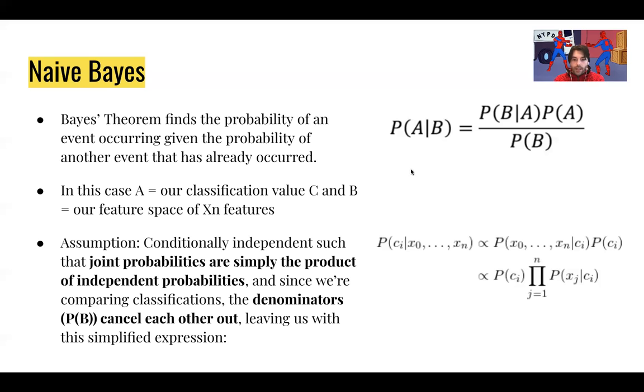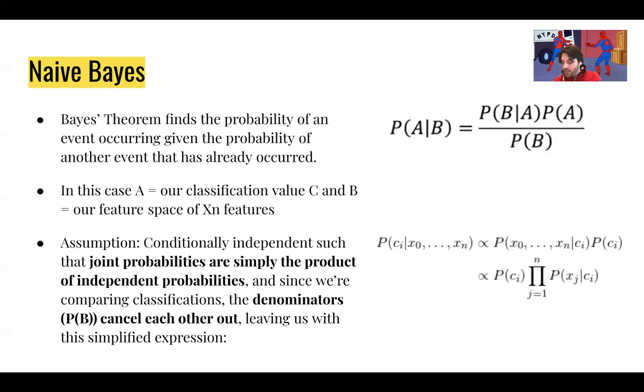So again, formalizing this, what we're effectively solving for is the probability of a given label given our particular data instance, which is equal to the probability of this particular instance given that label times the probability of that label. That's the formalized notion.